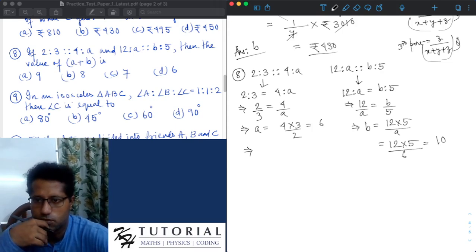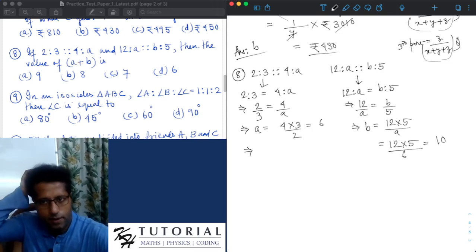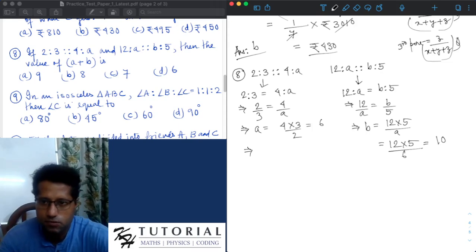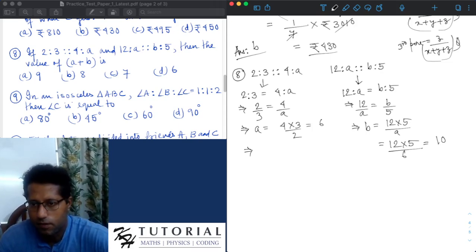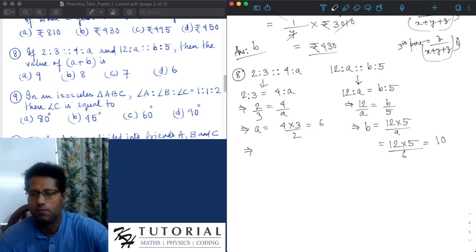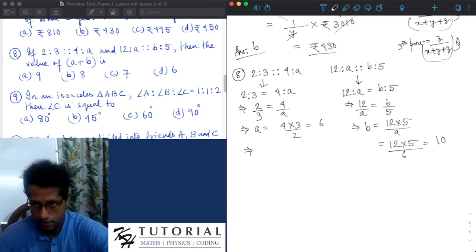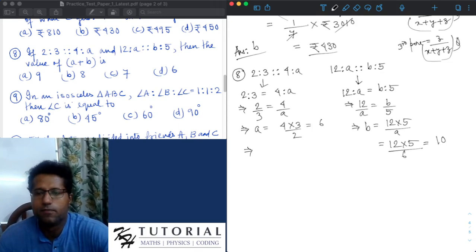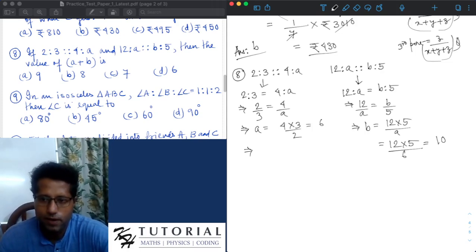Okay. Now from 12 is to A in proportion to B is to 5, we get 12 is to A equals to B is to 5, and from here we can say 12 by A equals B by 5. From here we can say that B equals 12 into 5 by A, which is 12 into 5 by 6, this is 10.